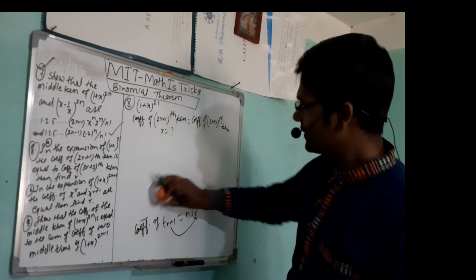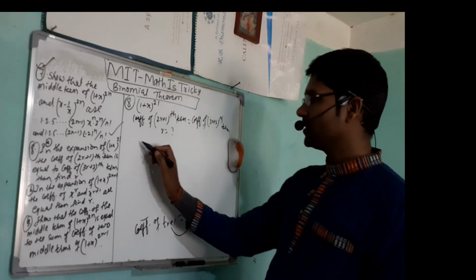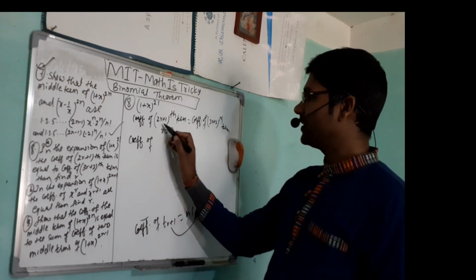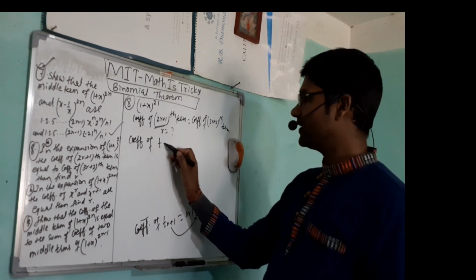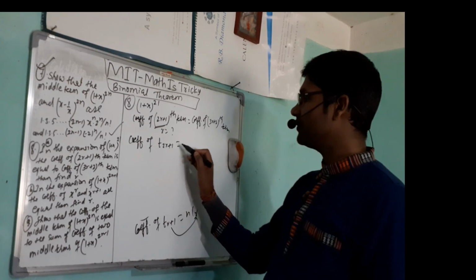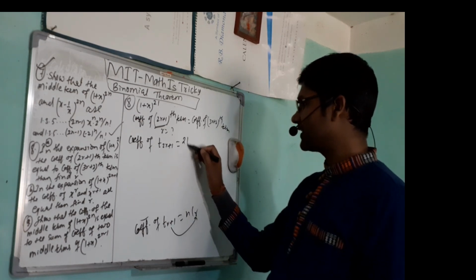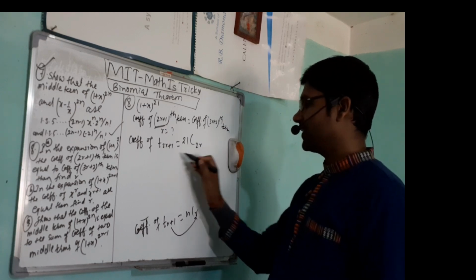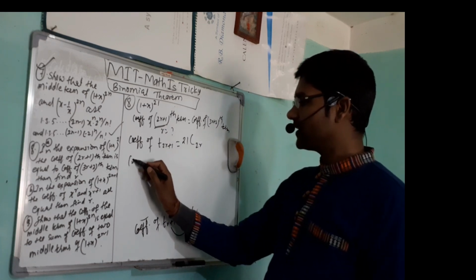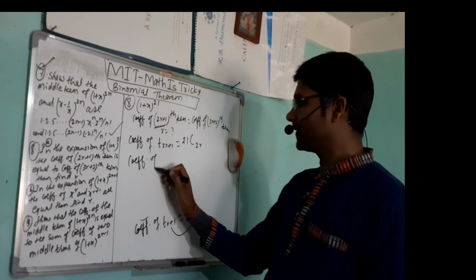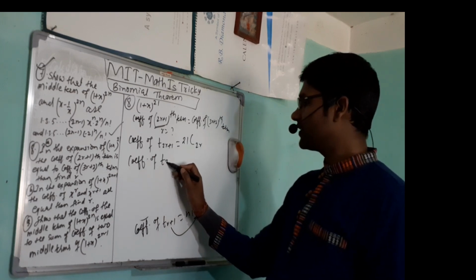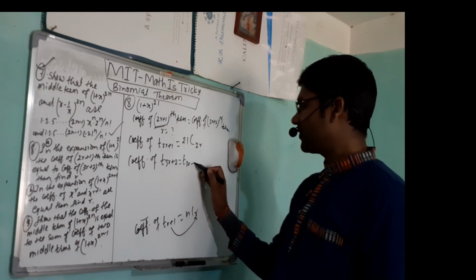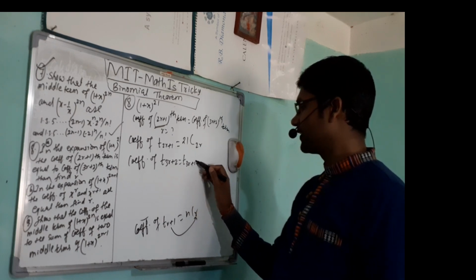Okay, so let's now solve the problem. Use this concept. The coefficient of T 2r plus 1 will be simply n means 21, nCr will be 2r. Remember here. Again similarly we can write the coefficient of T 3r plus 2, it can be written as T 3r plus 1 plus 1.